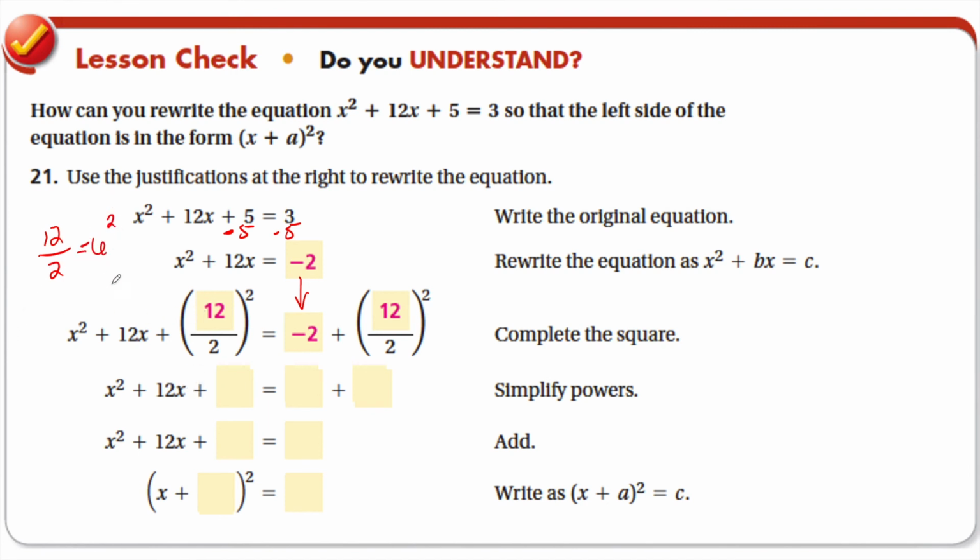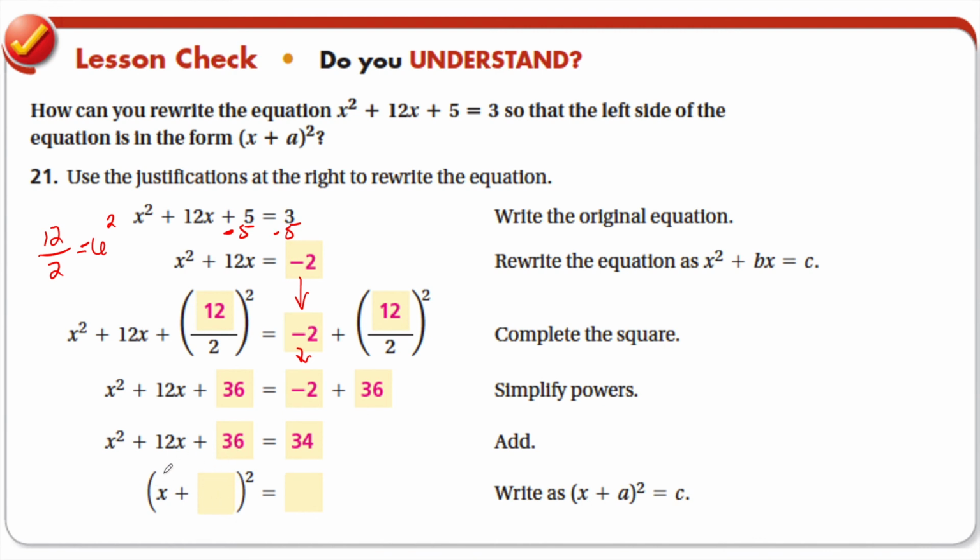If we were to square it, it would give you 36. Again, bring down the -2 plus 36, because whatever you do to one side, you must do to the other. Simplify it down even farther, we'll get x squared plus 12x plus 36 has to equal 34, because that's -2 plus 36.